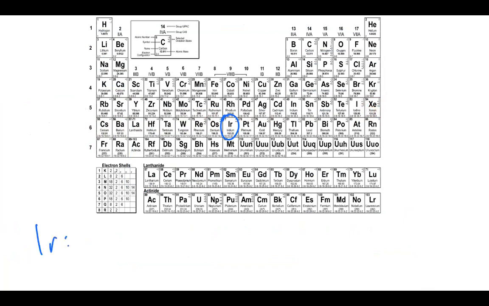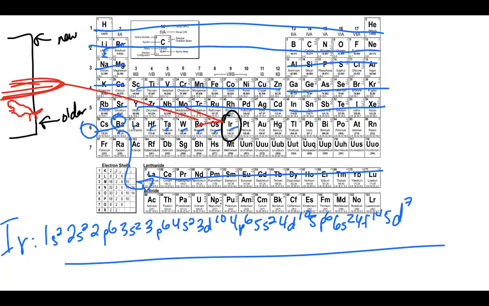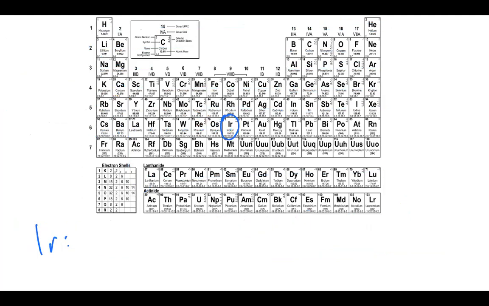And instead of doing 1s2, 2s2, 2p6, 3s2, 3p6, 4s2, 3d10, 4p6, 5s2, and so on, I'm going to say square bracket, Xe.